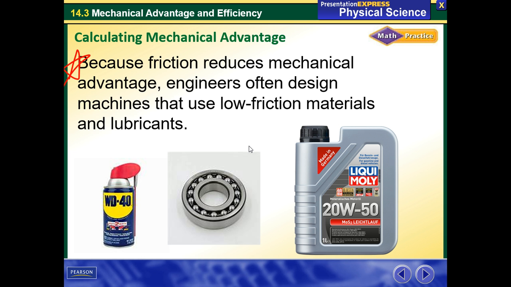So because friction does reduce mechanical advantage, engineers try to design machines that use low friction materials and lubricants. Here we have a picture of 2 lubricants, WD-40 and what you can put in your car. Also, for low friction materials, we have ball bearings here because we're going to replace sliding friction with rolling friction anywhere that we can.